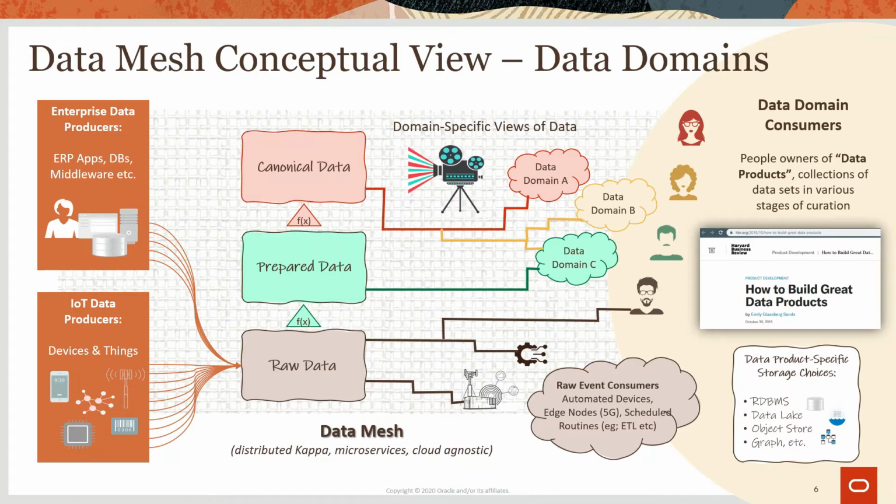So introducing this idea of data products into the data mesh is actually a stroke of genius in many ways, because what it does is it elevates what had previously been limited to just the data science domain, this idea that a data product is a collection of data sets that are used to produce value.